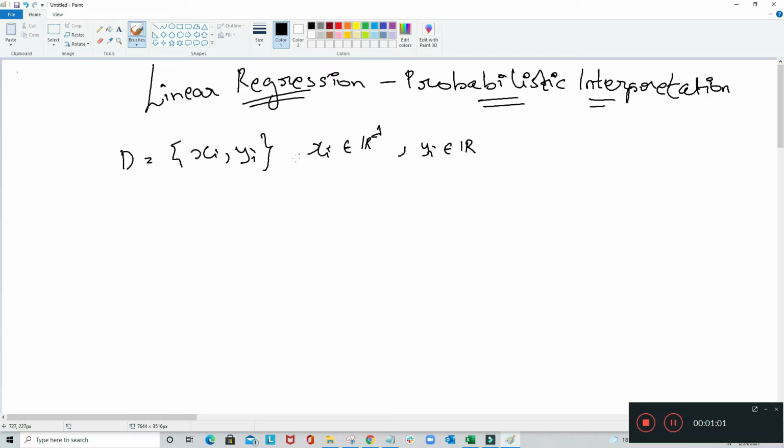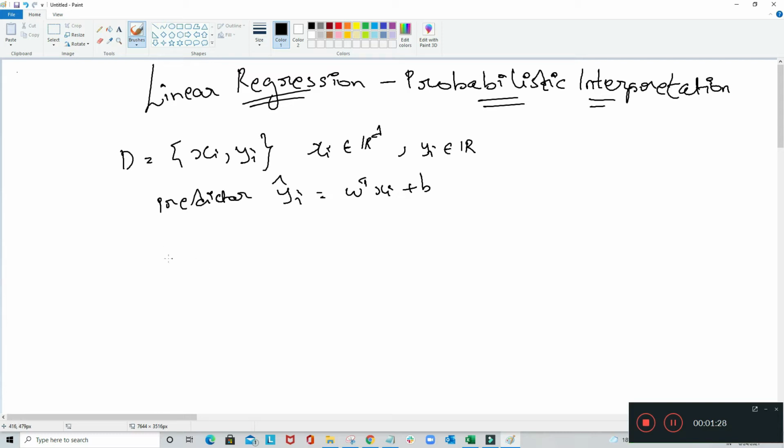As we saw in the first part of linear regression, our predictor yi hat is given by the equation w transpose xi plus b, where w and b are the slope and the intercept of the line or a plane.